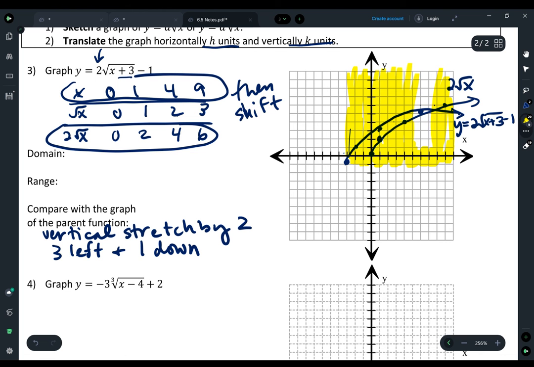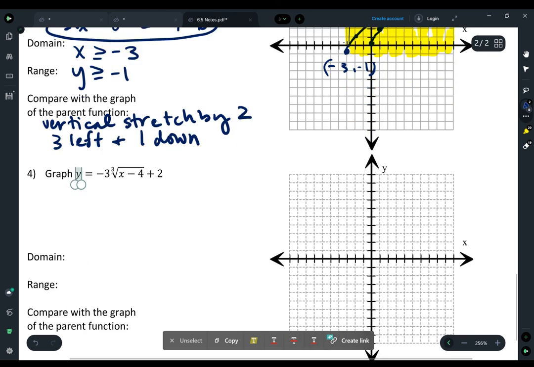This time, this point of my graph is at -3, -1. And so my x's start at -3 and then get bigger. So domain is x greater than or equal to -3. My range, let's see, my y's start at -1 and go up. So my y is greater than or equal to -1.